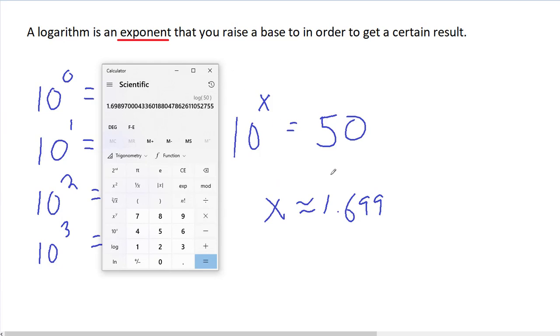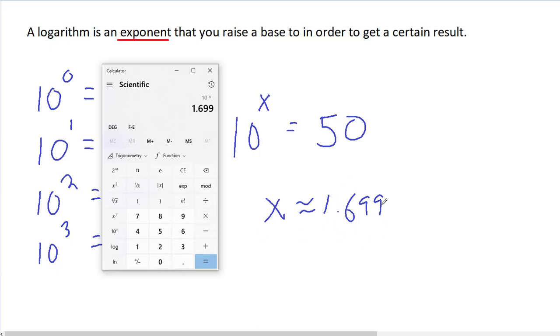Now, if this is in fact the answer, that means if I take 10 and I raise it to this power, I should get 50. So let's try that. Let me clear this. Base of 10, raise to the exponent, 1.699.